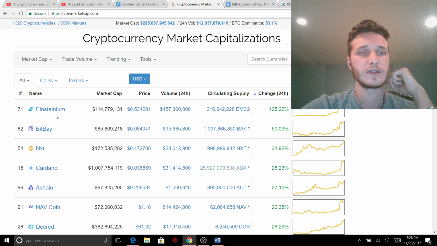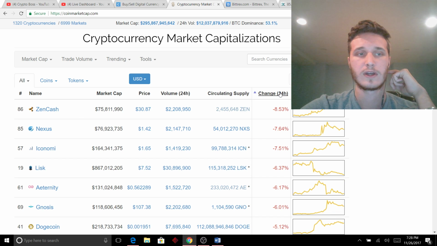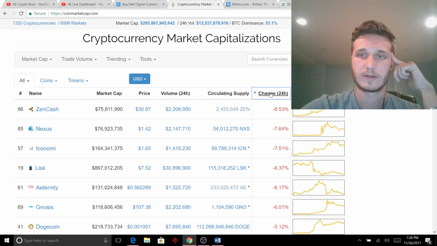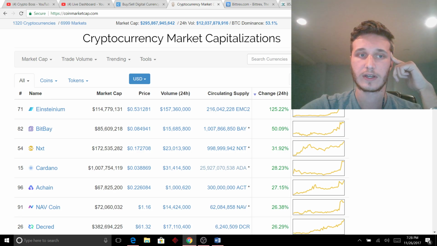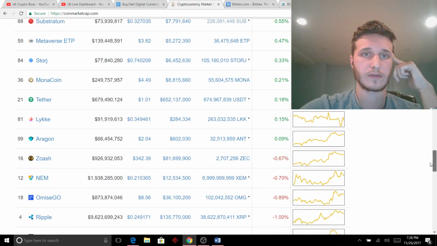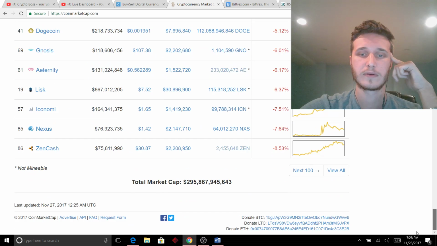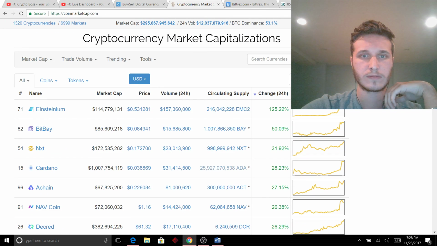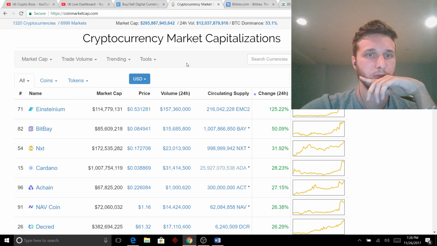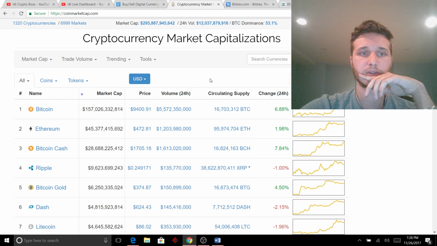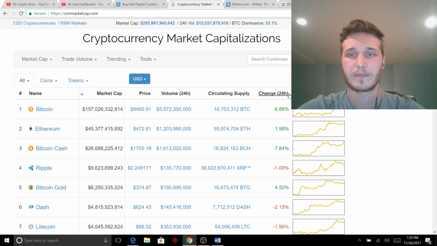So you could see in the past 24 hours, Einsteinium is up the most, and Zencash is down the most out of, I think there's like 300 and something total. This page only lists the first 100. But I think it's usually you just want to go by market cap.